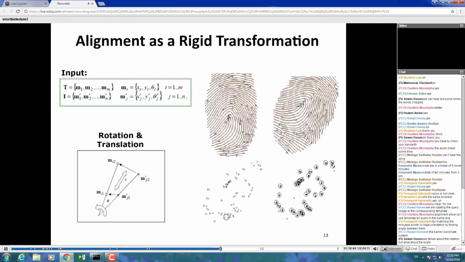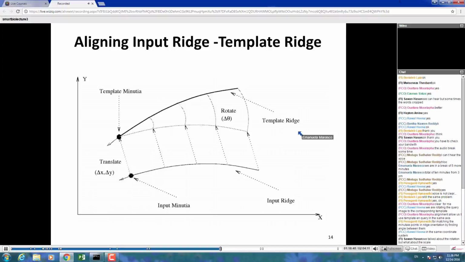And then we have the input ridge, the ridge from the input image, which is the query, and the template ridge, the ridge in the image we acquired during enrollment. We want to rotate it by delta theta.